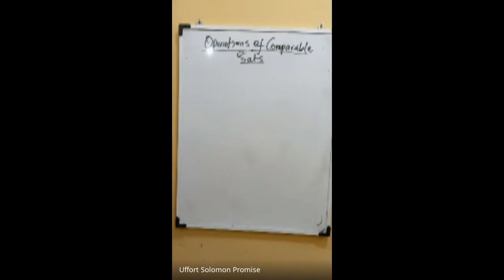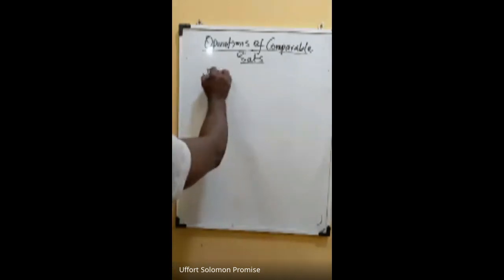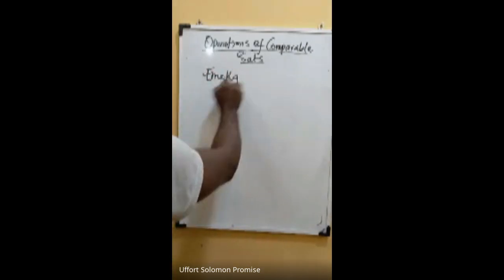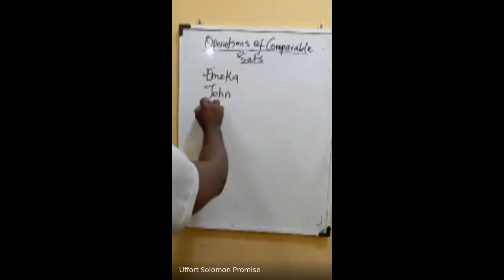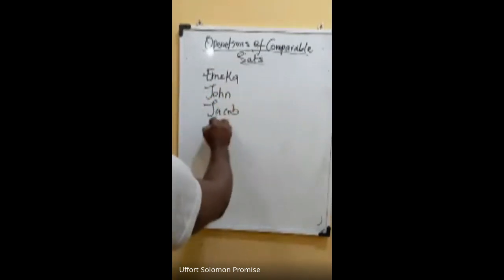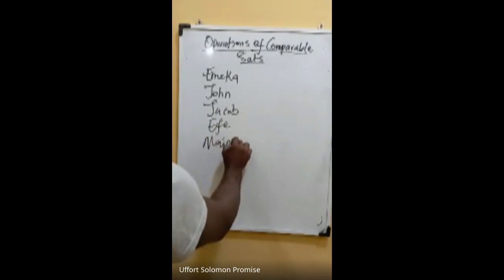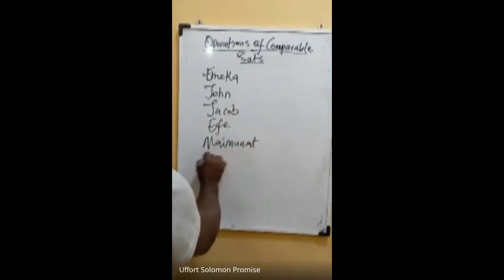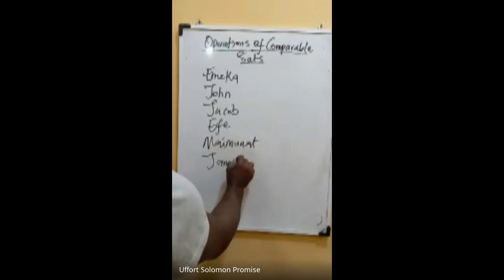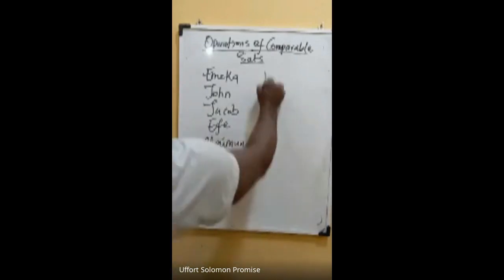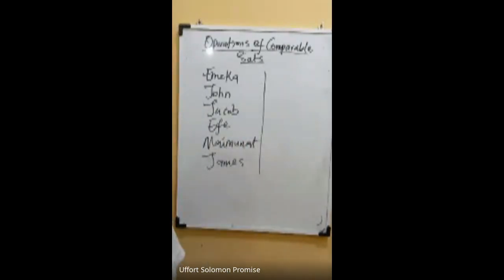Say, how do you know how many persons came to shop today? If we say Emeka, John, Jacob, Efe, Monat and James all were in the shop today, they came to do shopping.